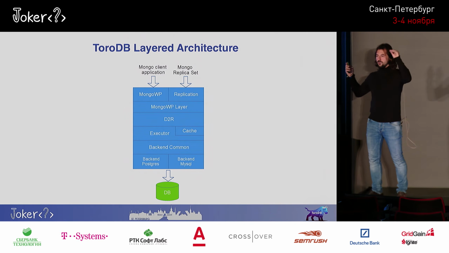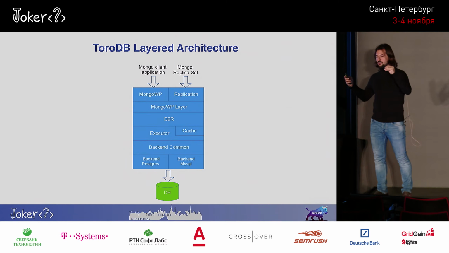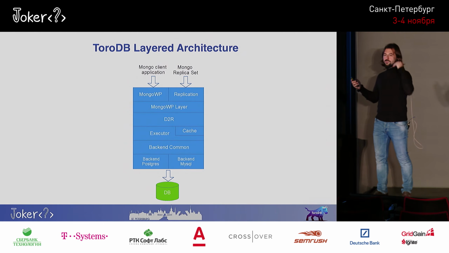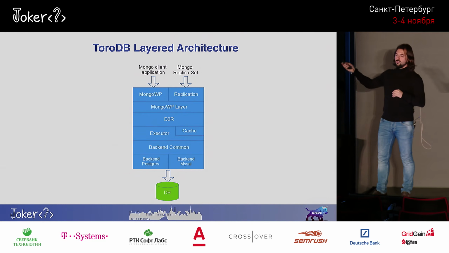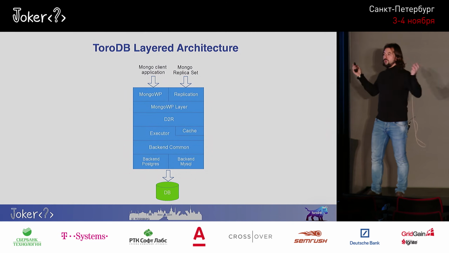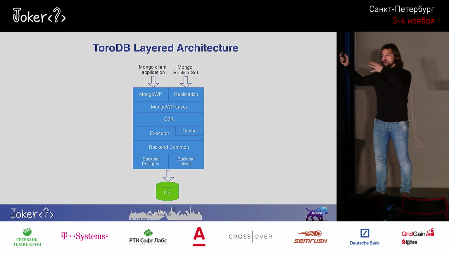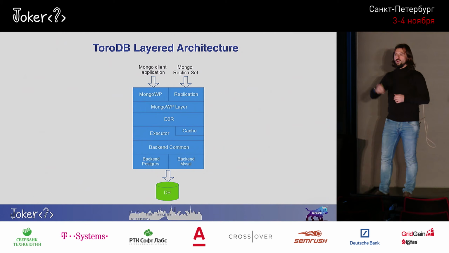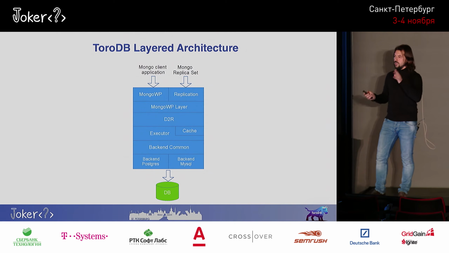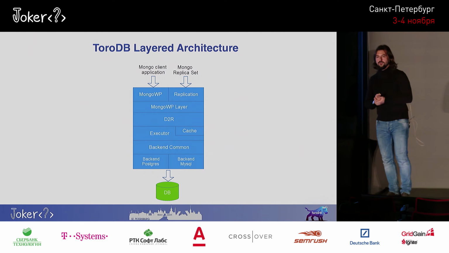So we convert from a MongoDB document to an abstract Kiwi document, and from there we perform the transformation to relational, which is the main algorithm of ToroDB. So in the future, if we want to implement Couchbase, we can transform from Couchbase to Kiwi document and apply the same algorithm here, and everything will work as is, with a few caveats, but basically that's the point.